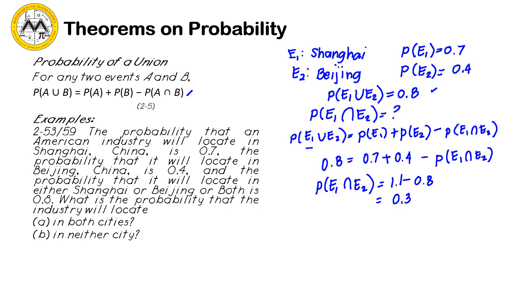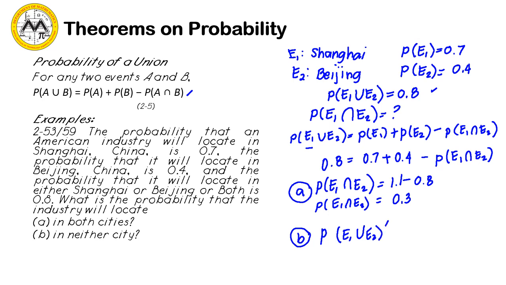How about neither city? So this was for letter A. For letter B, neither city. So that means not either, so (E1 union E2) prime.